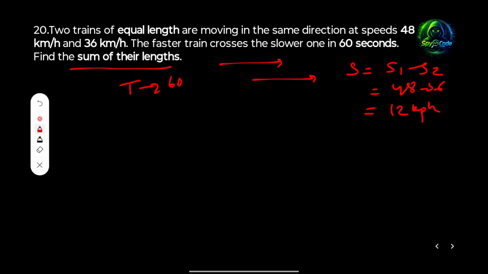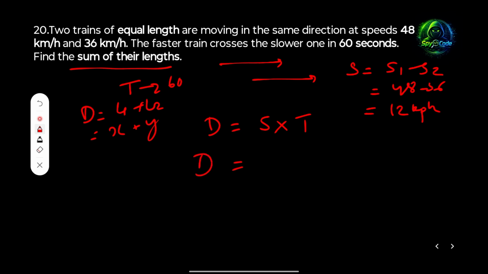Find the sum of their lengths. We know the distance is equal to L1 plus L2, length of train 1 and length of train 2, which is x plus y. Okay. So distance is equal to speed into time. They are asking to find the sum of their lengths. Simply we'll take it as d only.